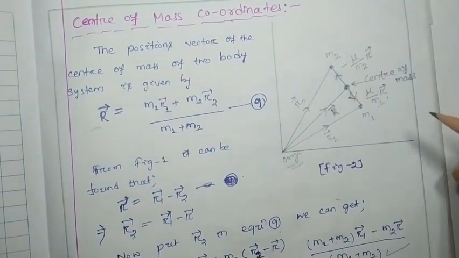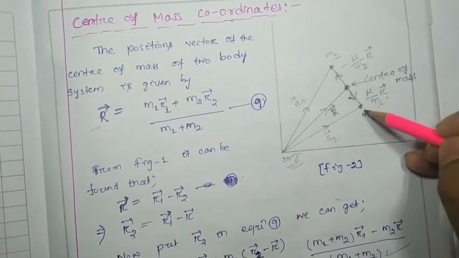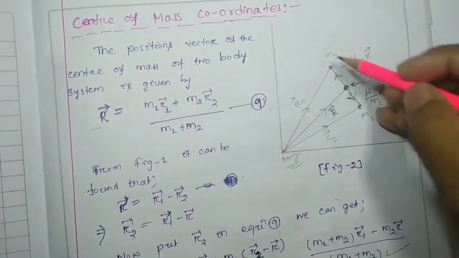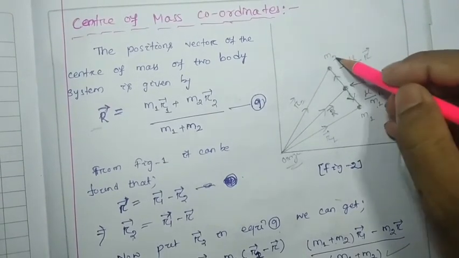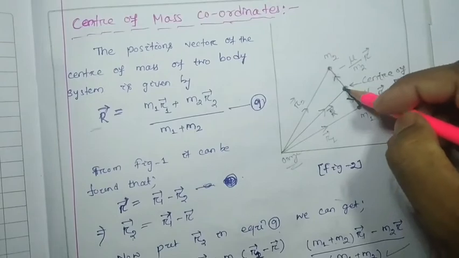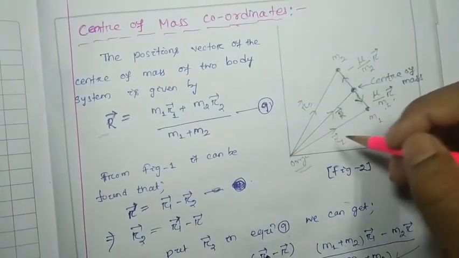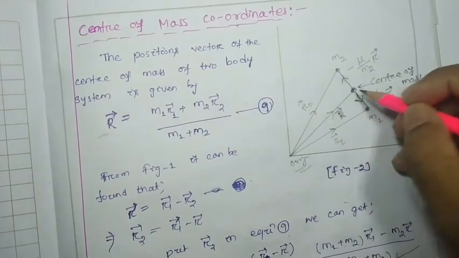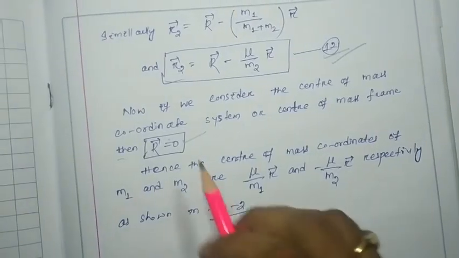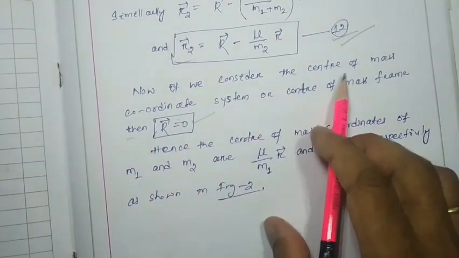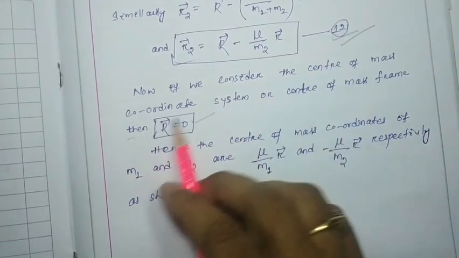Or if we consider the position of m1 and m2 from the center of mass, then this R value is not required. So hence R will be 0 whenever we consider the center of mass coordinate.